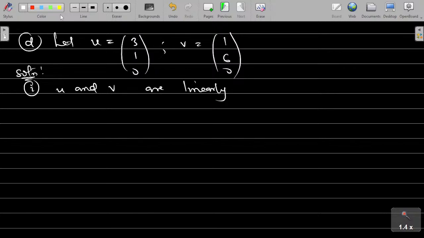And I've been saying that before now, linearly independent when they are not multiples. Then it says therefore it spans a plane in R3. And then what is that plane? To describe the plane spanned by U and V means to write down the equation of the plane that has U and V. Note that the normal is U cross V.